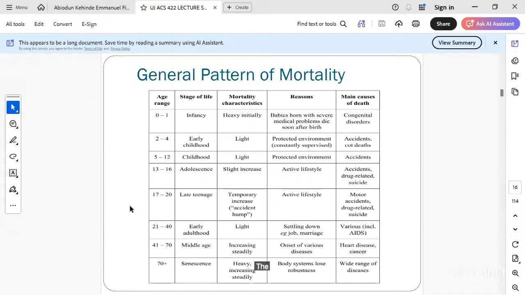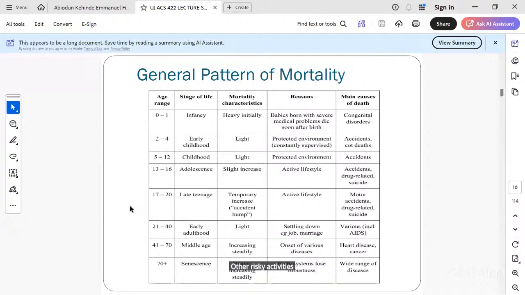Because at this stage, you see boys start experimenting with all sorts of things, drugs. You see them on bikes when their parents are not around. They want to learn how to ride a bike, and then you see many of them dropping dead out of accidents or other risky activities.